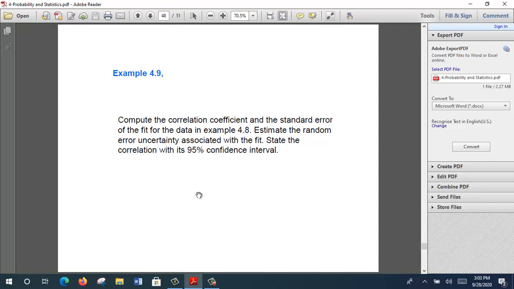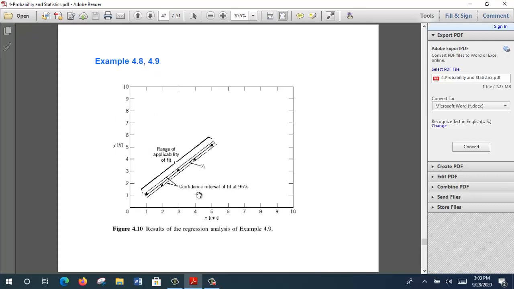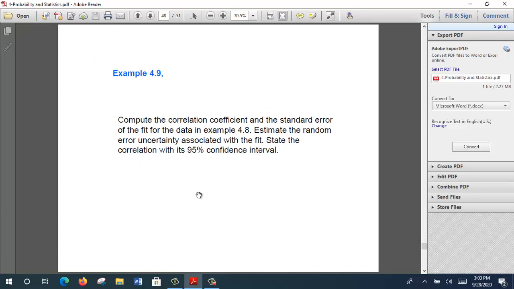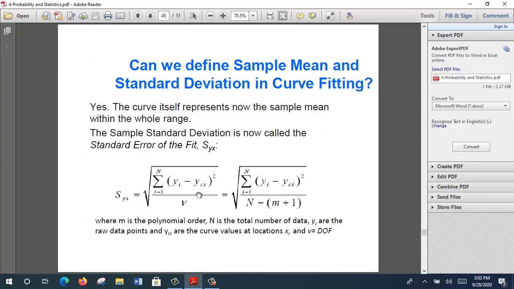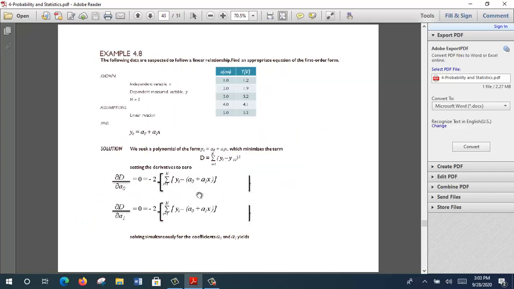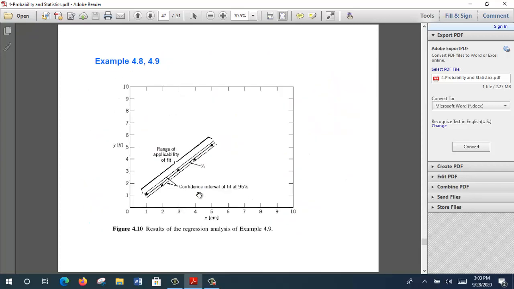Okay, this is an example for you to try. Compute the correlation coefficient and the standard error of the fit for the data in example 4.8. This is the data that is given to you.